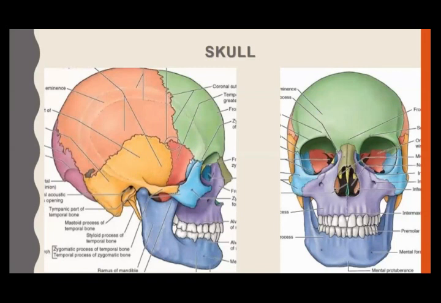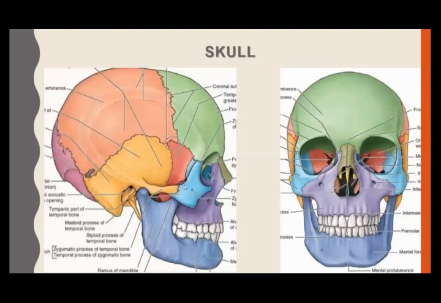This blue you all know is the zygomatic bone. You see the zygomatic bone articulating with the frontal bone over here. The frontal process of zygomatic bone. And this yellow or mustard or brown, this entire bone that you see is the temporal bone up to here.